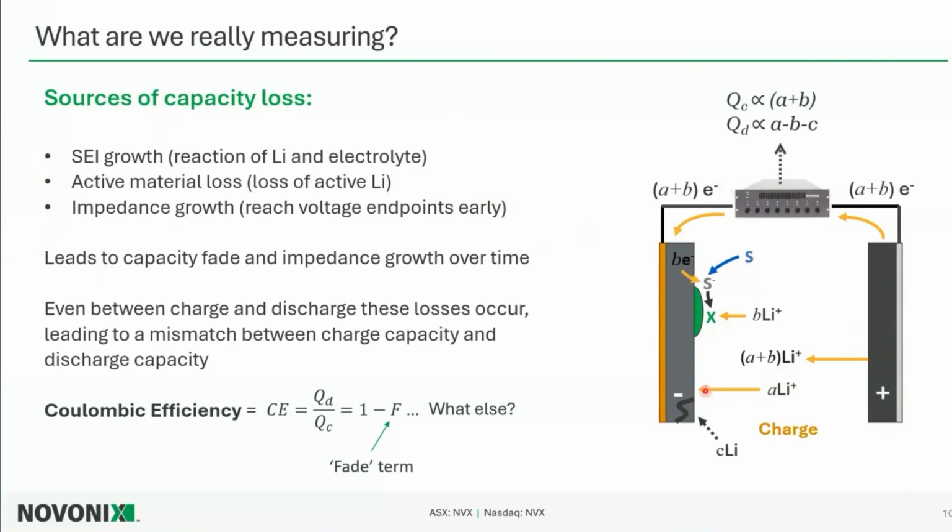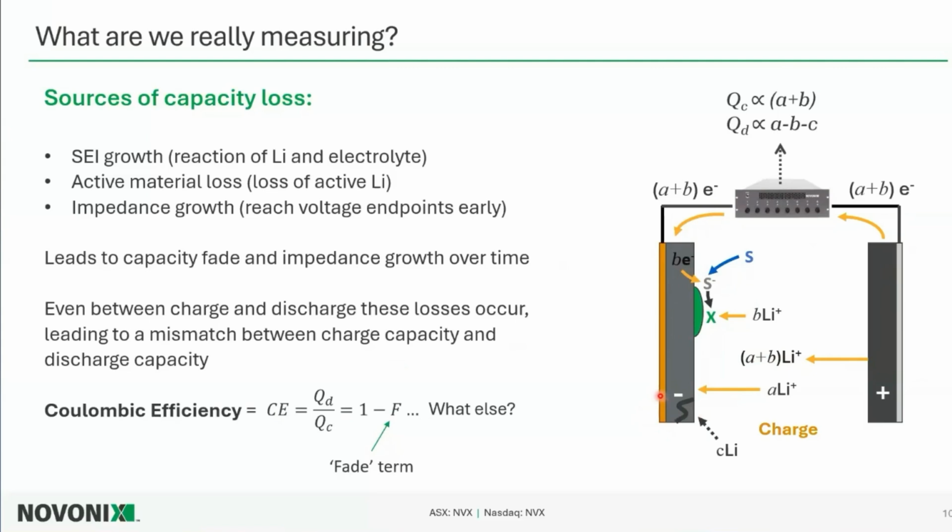And then this lithium either circulates into our anode or maybe gets lost into SEI reactions. But we're counting each of those electrons that we move through based on the lithium that we move across the cell.